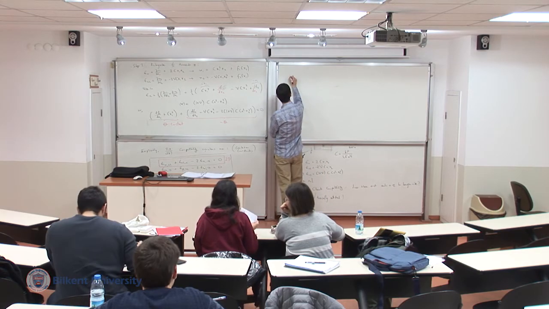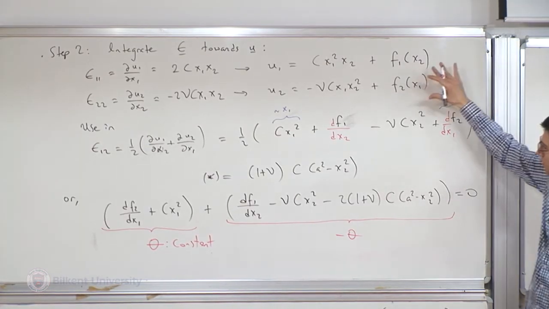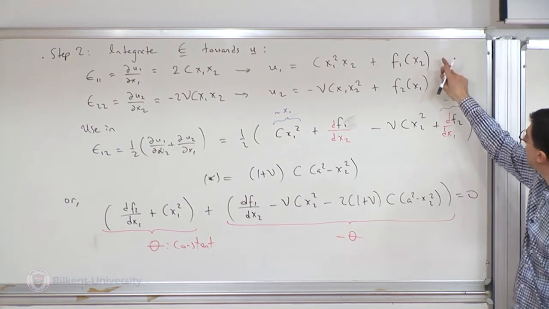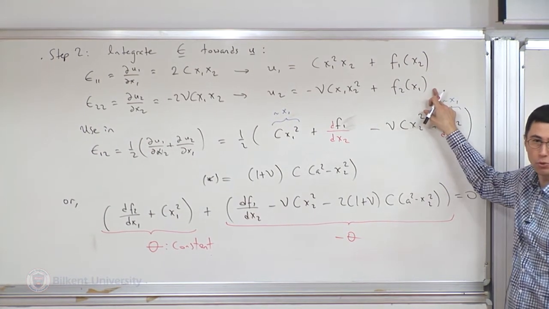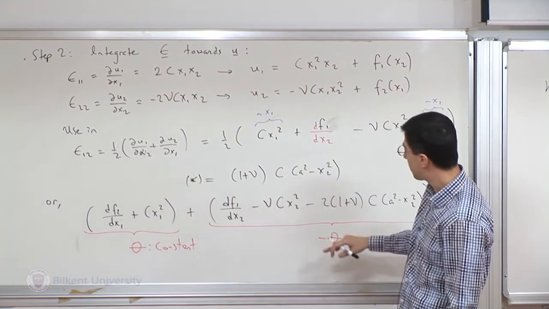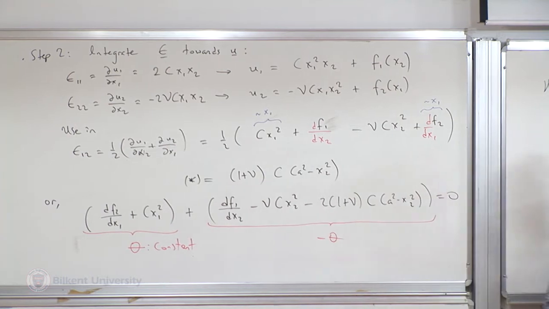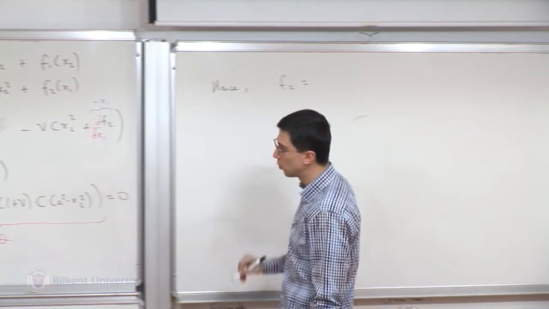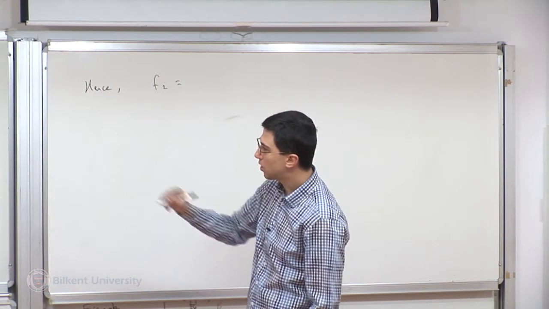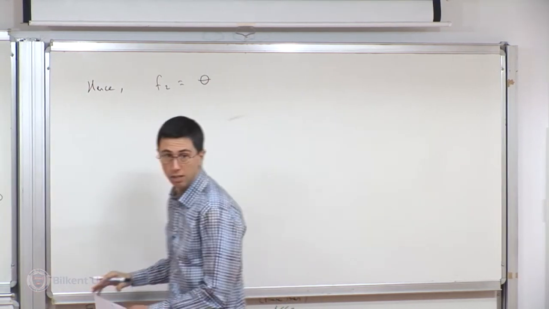Now, in all of this solution procedure so far, I did not know what F1 and F2 were. And now I know that if this is equal to some constant, I can integrate this. So hence, F2 is equal to a constant. I integrate towards that. So it's theta.